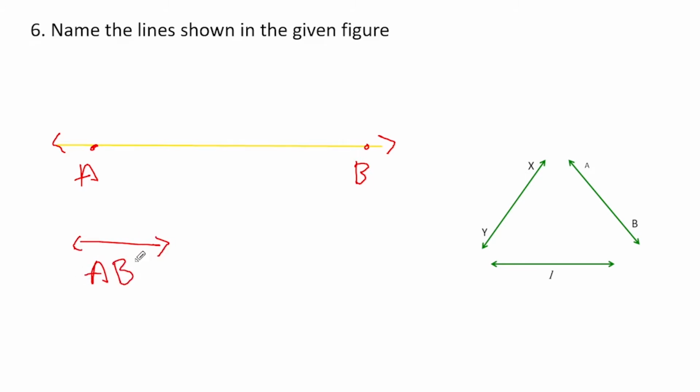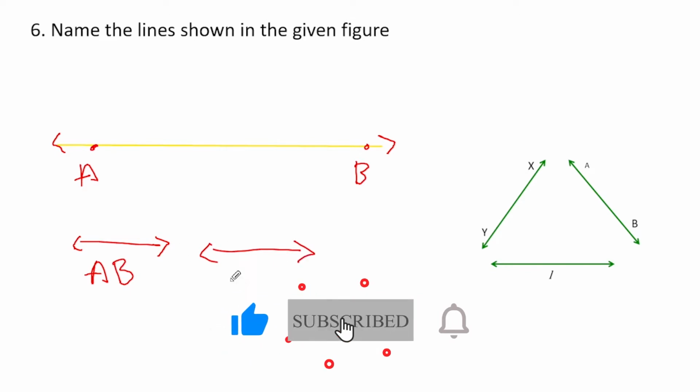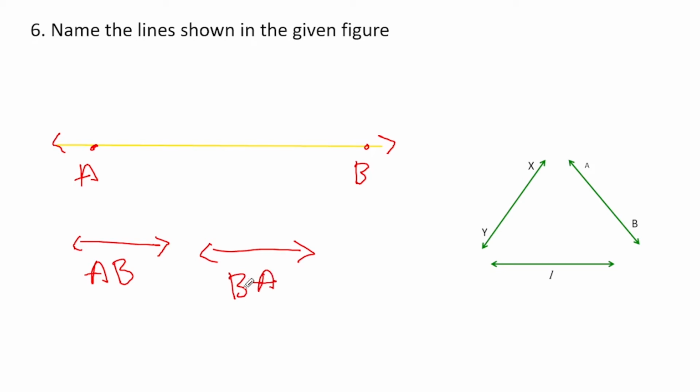Then there's another way. It's just the same, but we are just interchanging the letters. So it's line BA, and it doesn't really matter that you have to only follow BA or only follow AB. You can do anything.